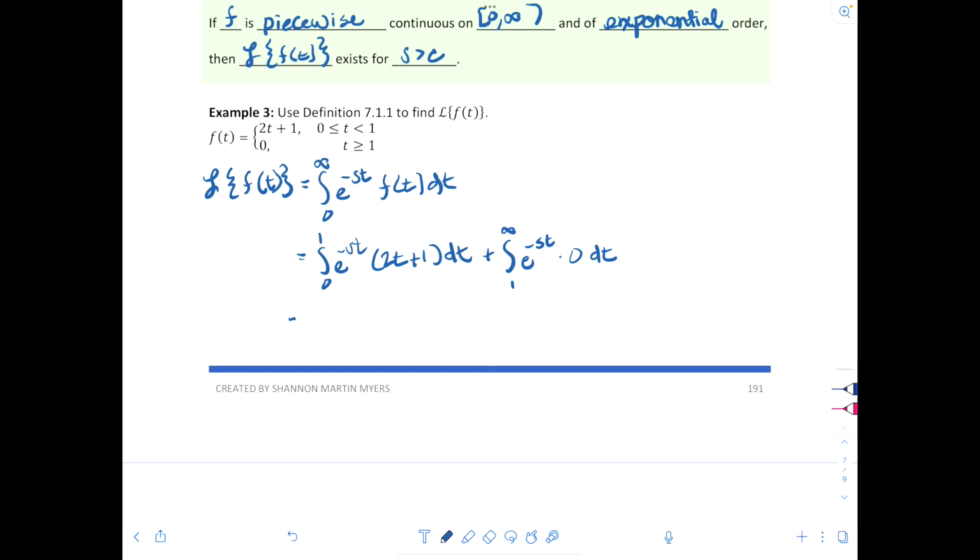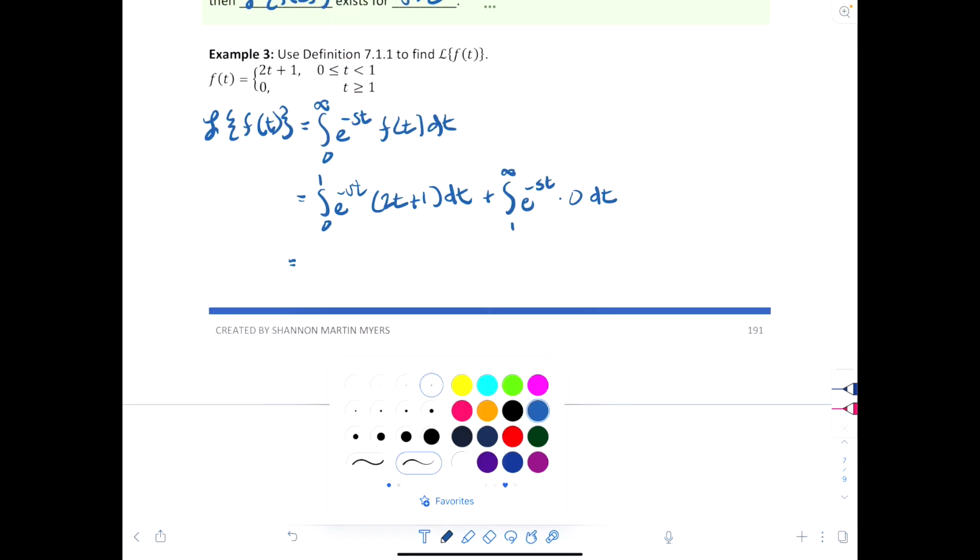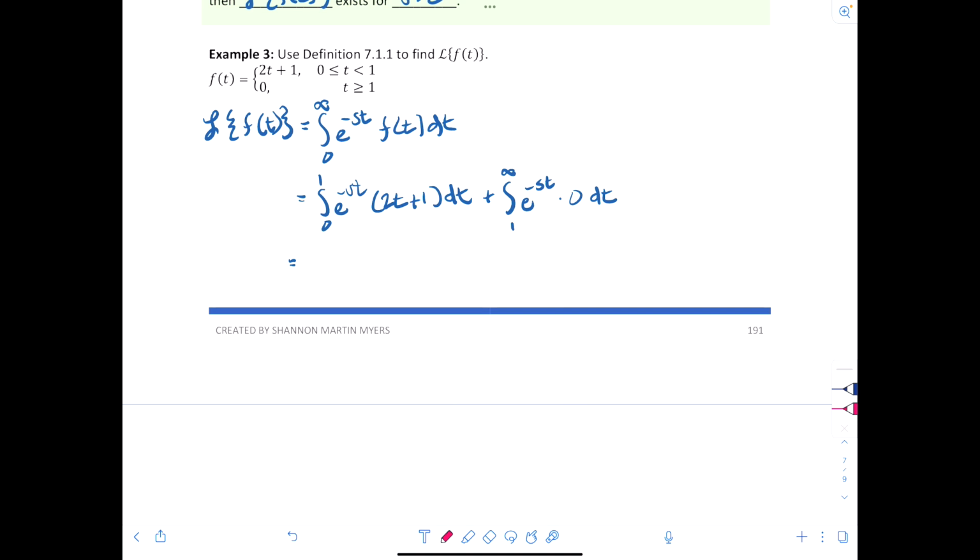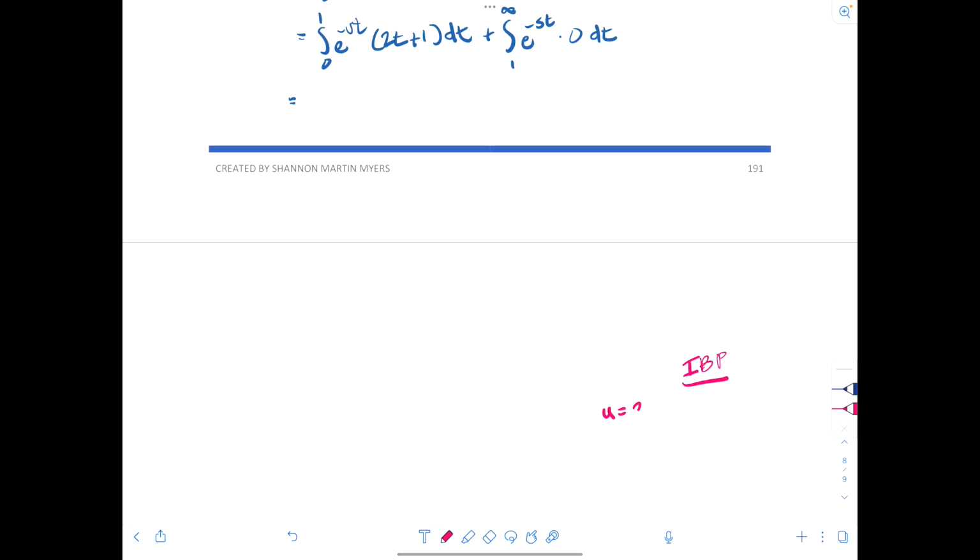And so we're going to work with integration by parts. I'll just do it down here a little ways. I'm going to let u equal that whole 2t plus 1, so du will be 2 dt. dv will be e to the negative st dt, and v is negative 1 over s e to the negative st.